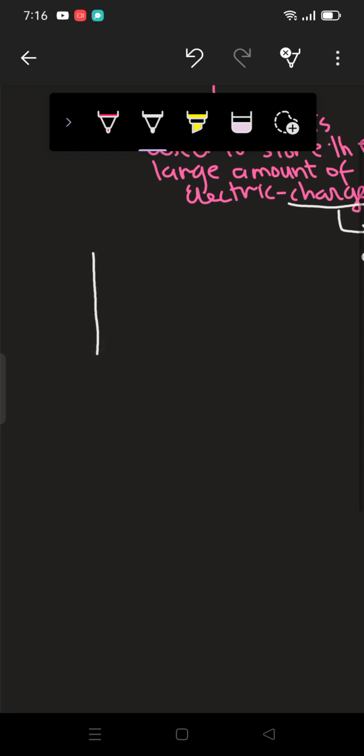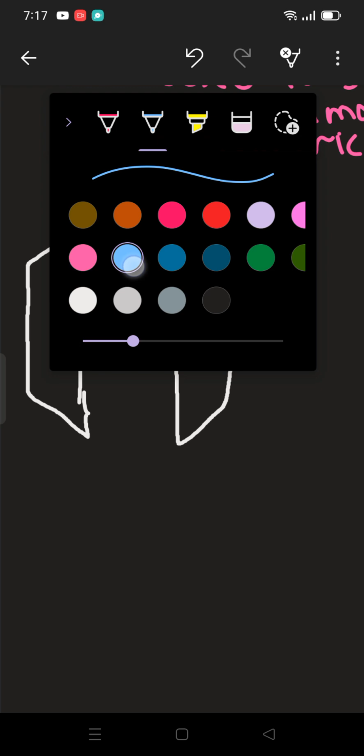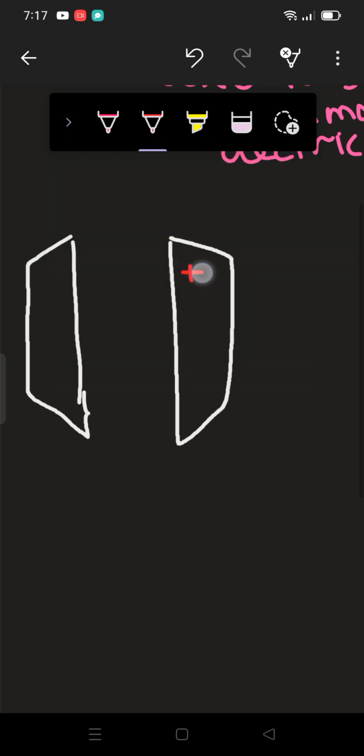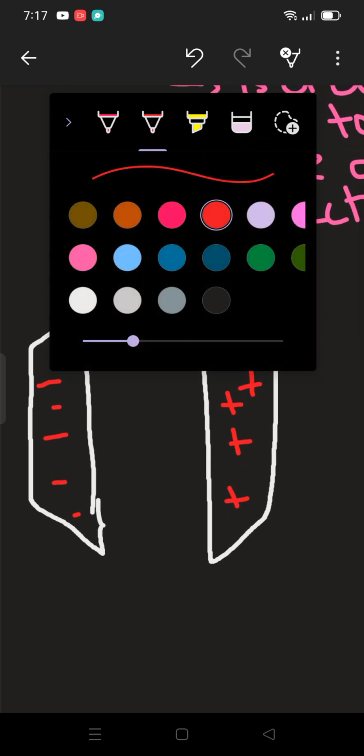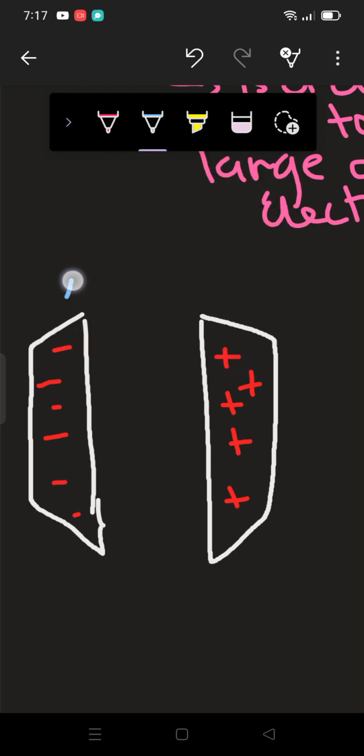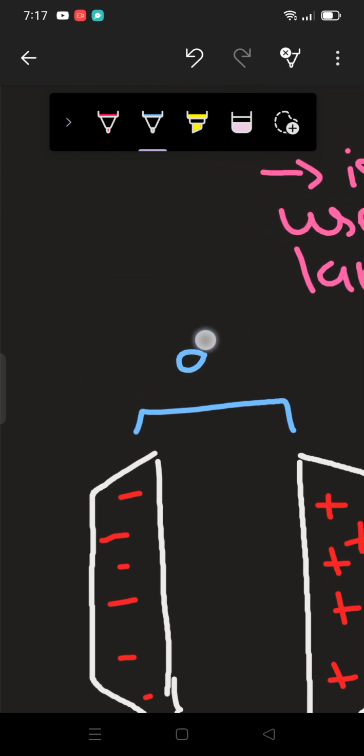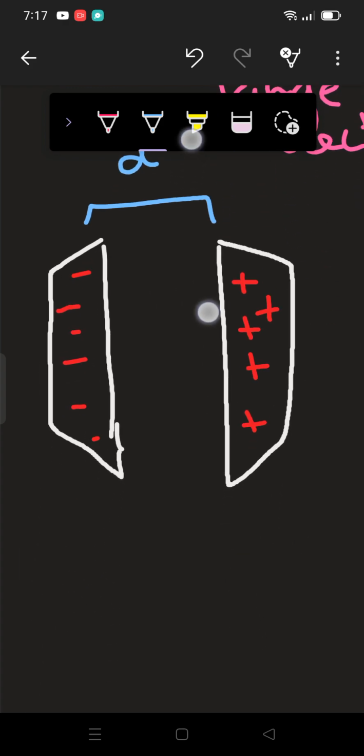We have two opposite charged parallel plates. On one plate we have positive charge, and on the other plate we have negative charge. They are separated by a very small distance d.